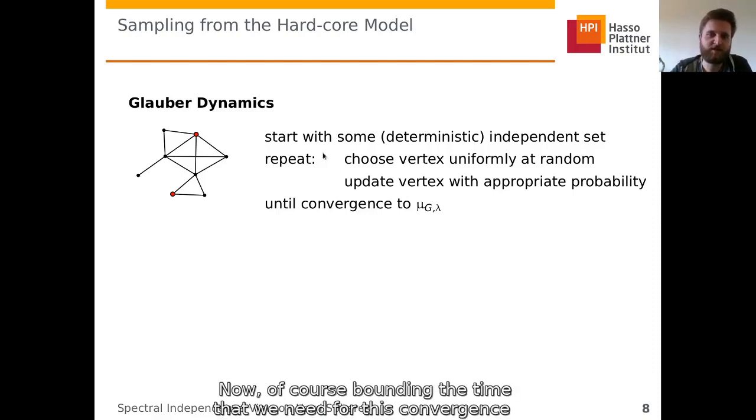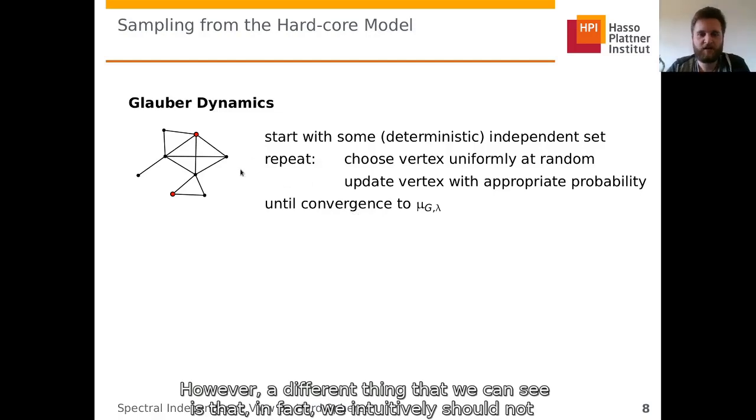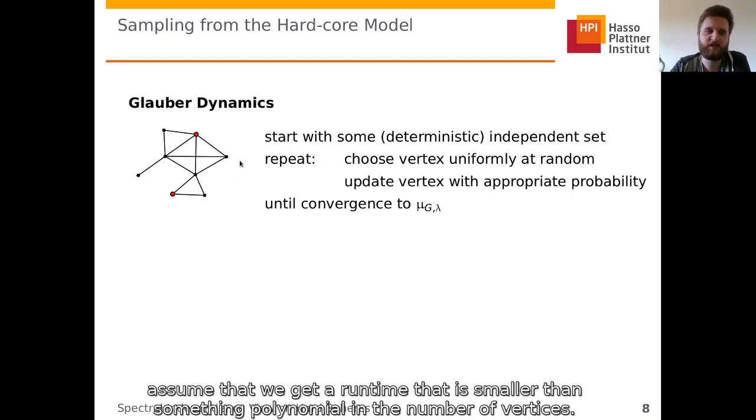Now, of course, bounding the time that we need for this convergence is the main mathematical challenge when applying Markov chain Monte Carlo algorithms. However, a different thing that we can see is that, in fact, we intuitively should not assume that we get a runtime that's smaller than something polynomial in the number of vertices.